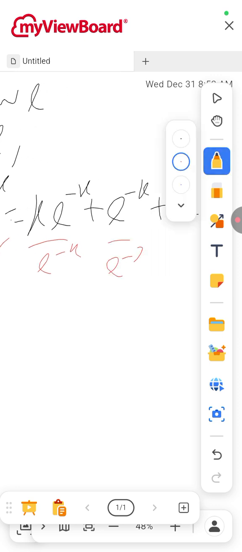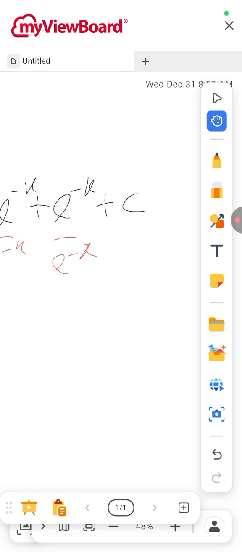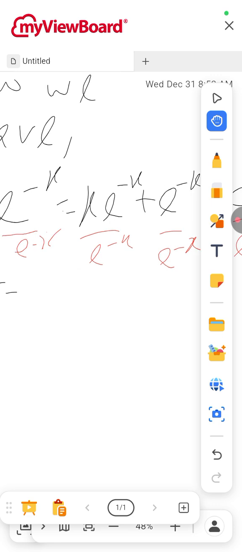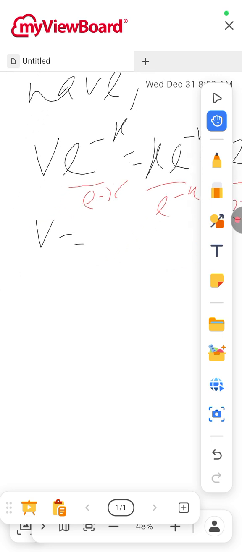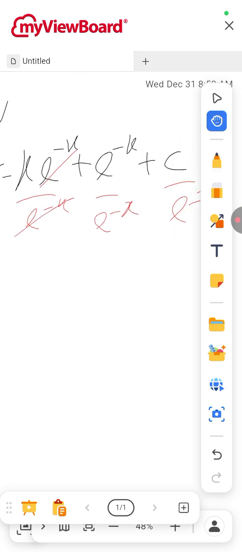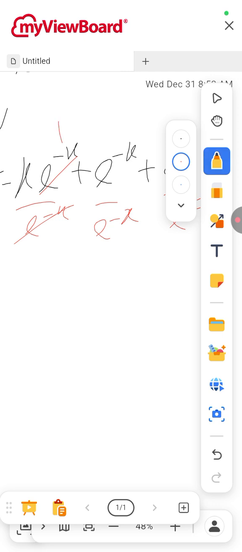If I do that, this divides this out, that's 1.